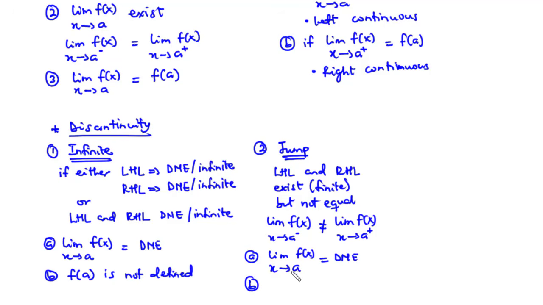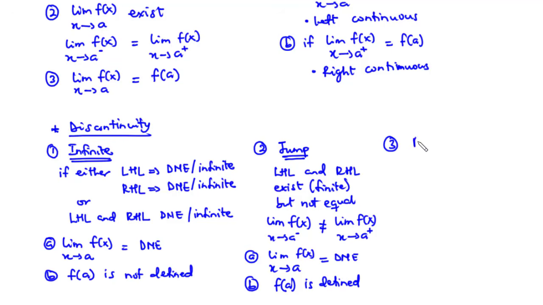And then b, f of a is defined. So for a jump discontinuity, f of a is defined, however the general limit of the function does not exist.